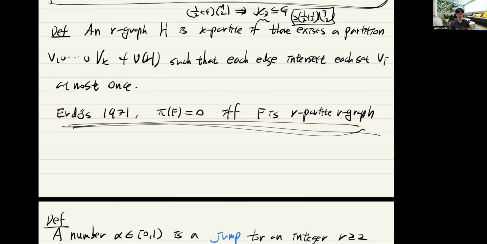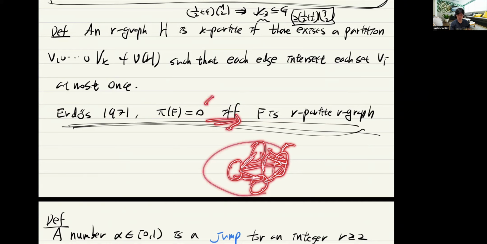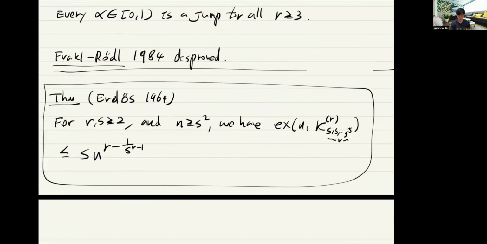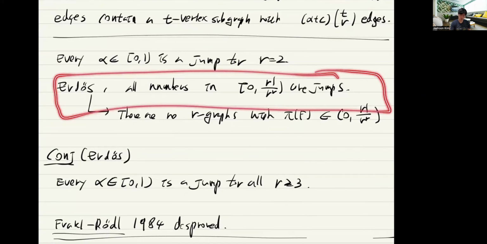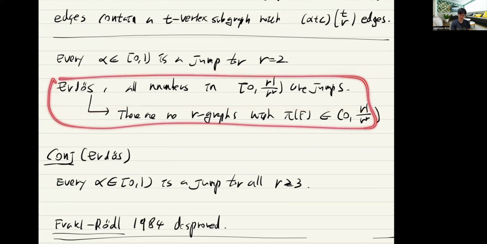And considering also one direction, you take the complete r-partite r-graphs. Using this example, this direction is obtained, and the other direction is from the previous theorem. Then this statement is easily deduced.